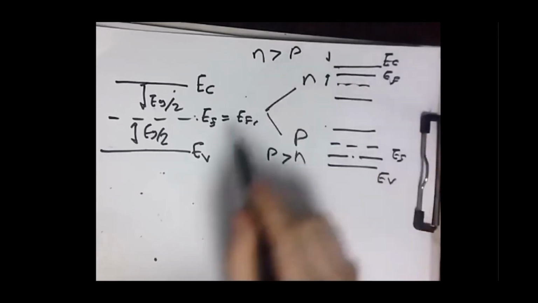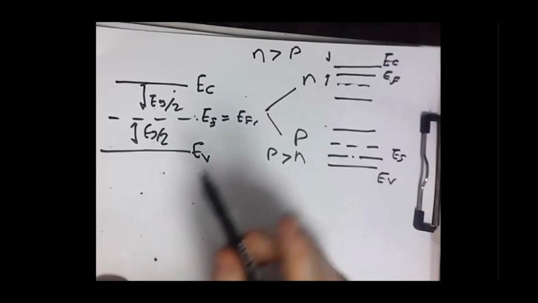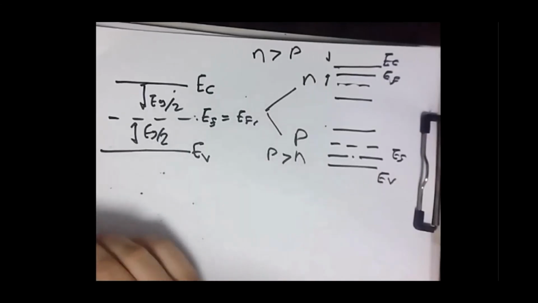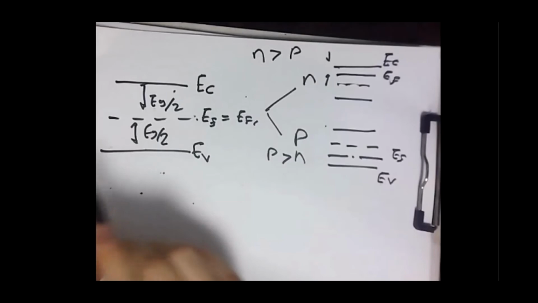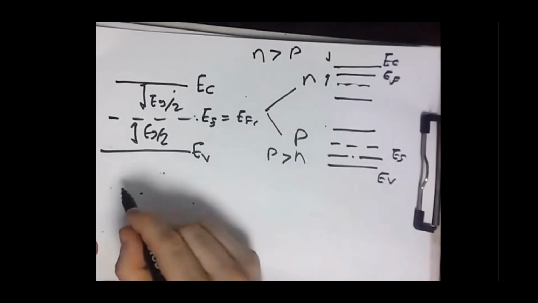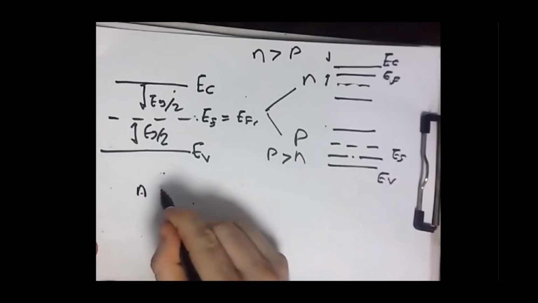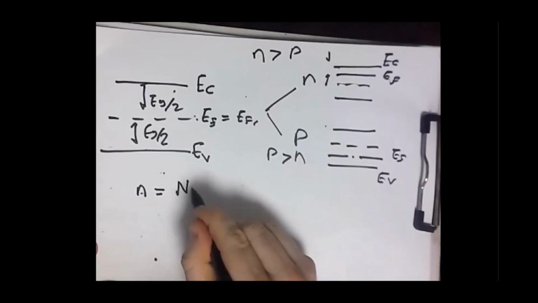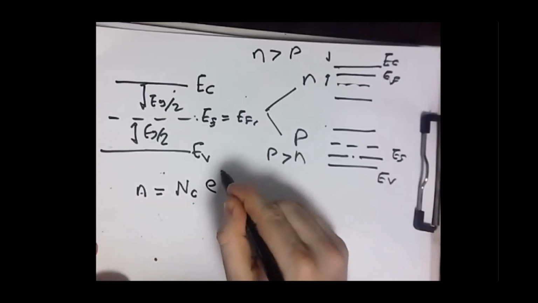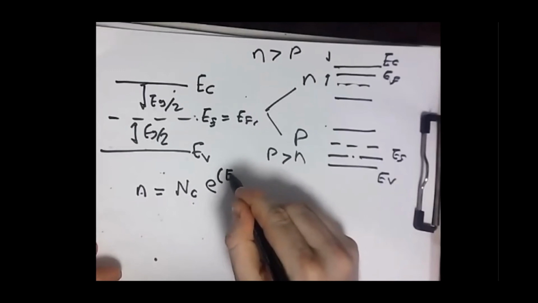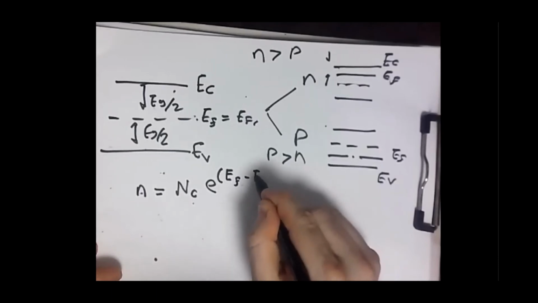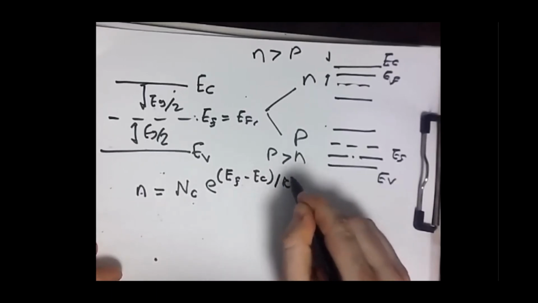If you remember that rule, this you actually shouldn't memorize. It will be given in the formula sheet if you need it, saying that the number of electrons n is equal to Nc e to the power of (EF minus Ec) over kT.